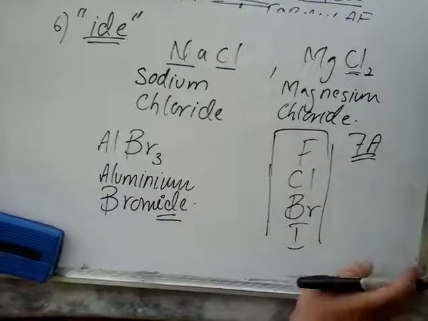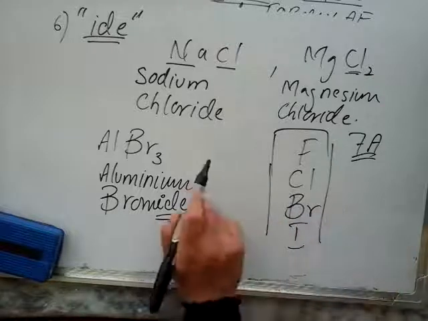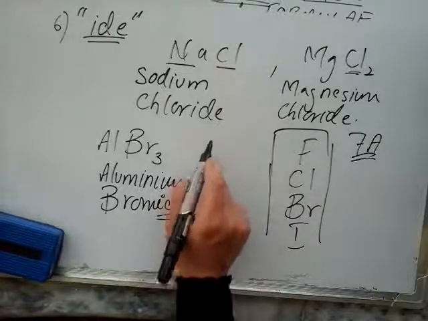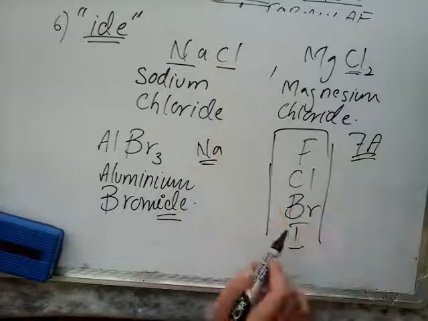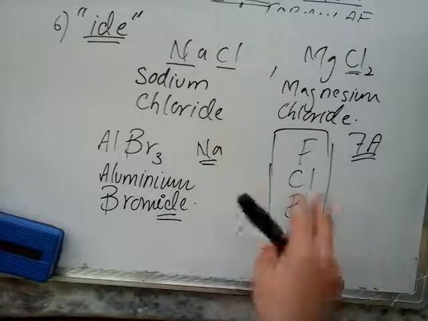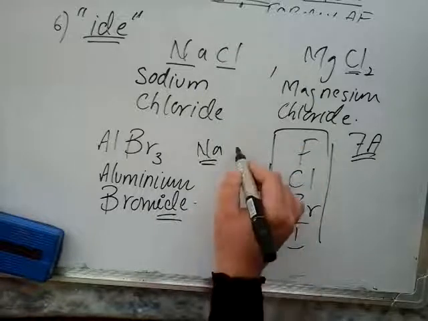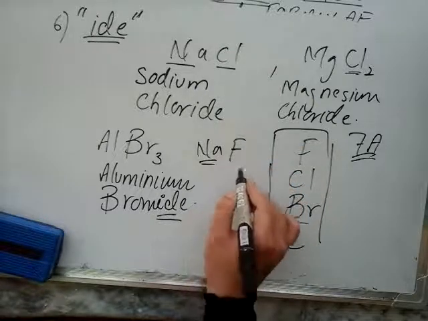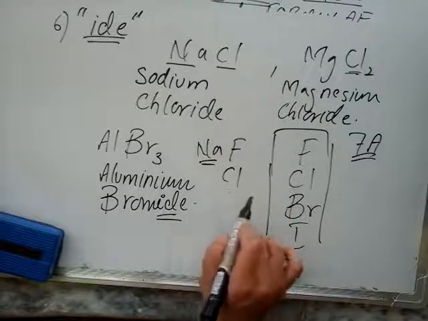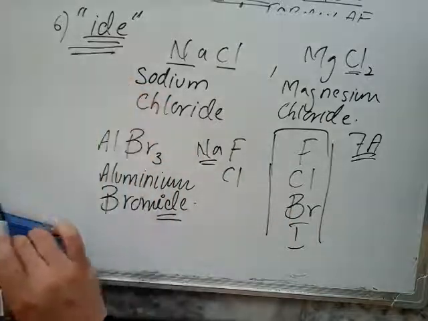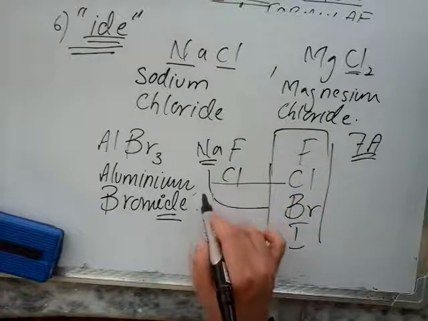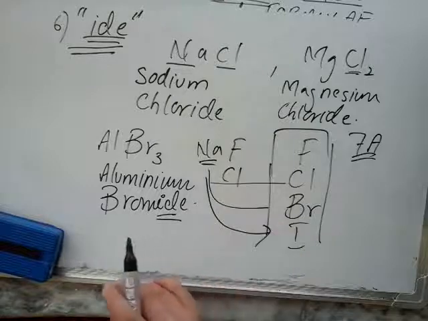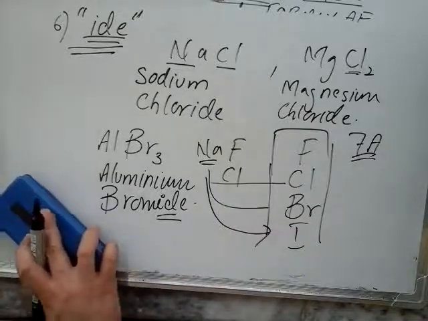We will also study it later on. But when the first element is a metal, like sodium, and the second element is any element from the 7th group of the periodic table, such as fluorine or chlorine, we will usually add the suffix 'ide'. Is that clear? So sodium fluoride, sodium chloride, sodium bromide, sodium iodide. This is how you can write the formula and name it.